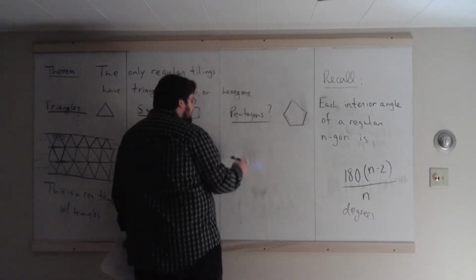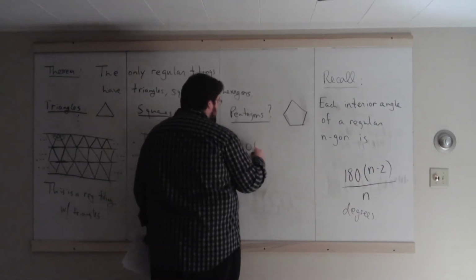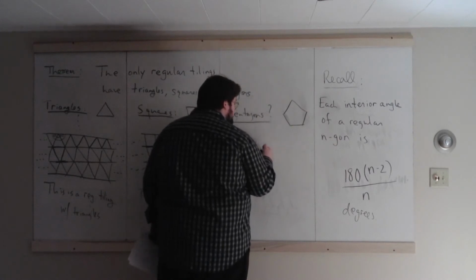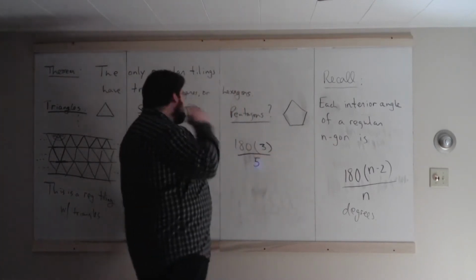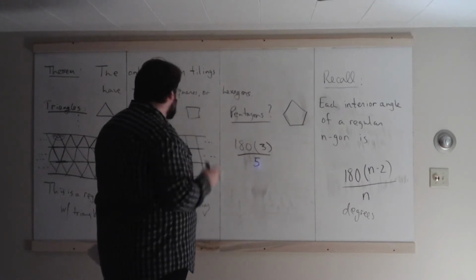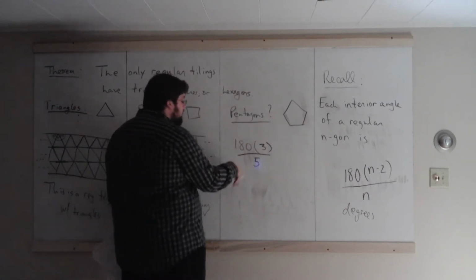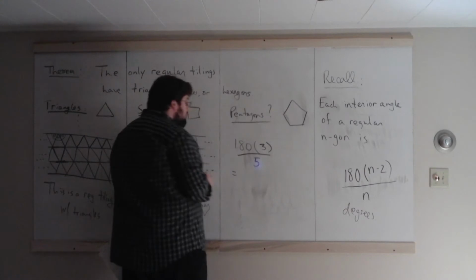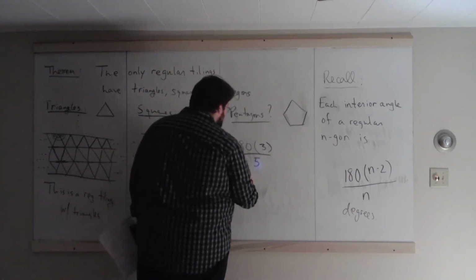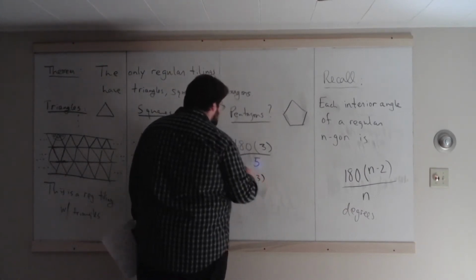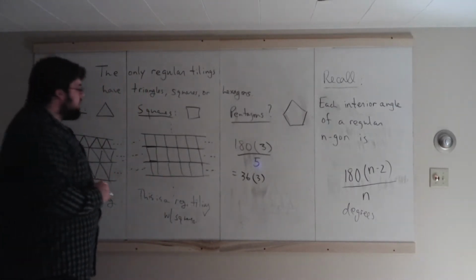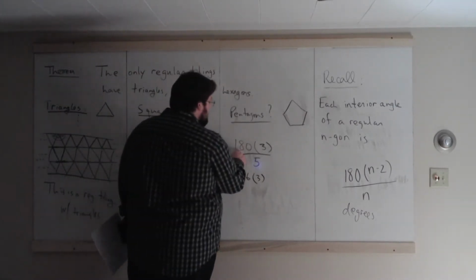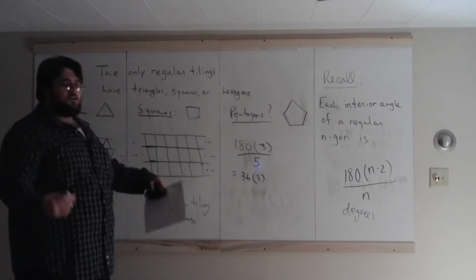Well, let n equal 5. 180 times 5 minus 2, which is 3, divided by 5. You could do 180 times 3 first. I'm going to do 180 divided by 5 first. 180 divided by 5 is 36. How did I get 36? 18 times 2 is 36.